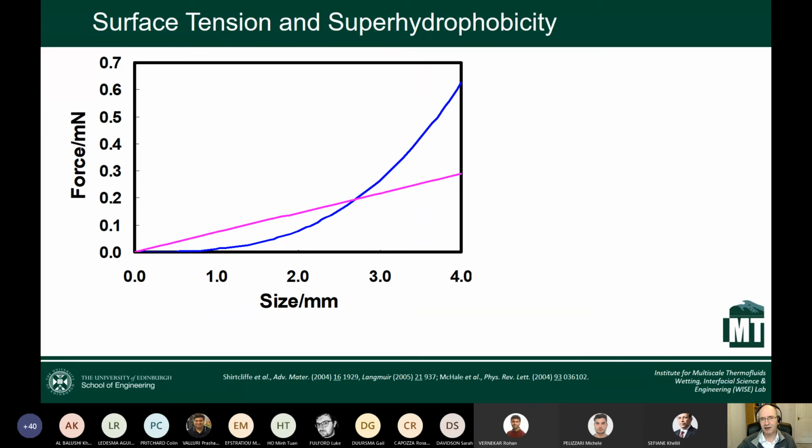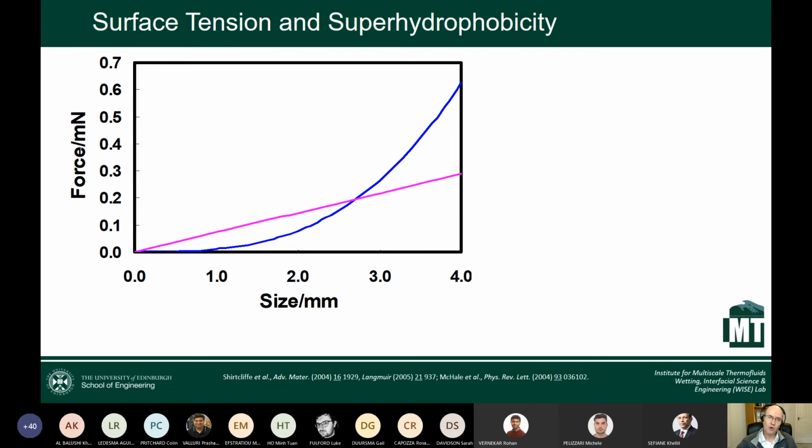You can sort of understand it because when you look at the force of gravity, it is mass times the acceleration due to gravity, and mass is density times volume. A volume is a cube, length, breadth, height, or the cube of the radius of a sphere. But it's the blue curve on this graph. Surface tension is a force per unit length, and that's linear, and that's the other color on here.